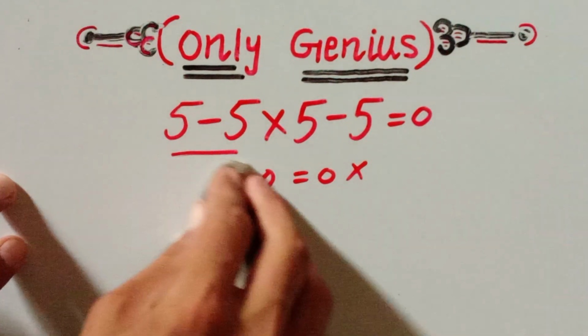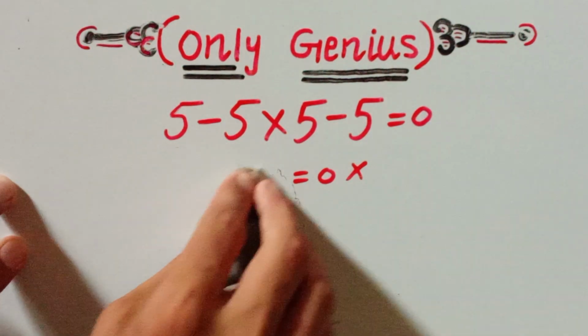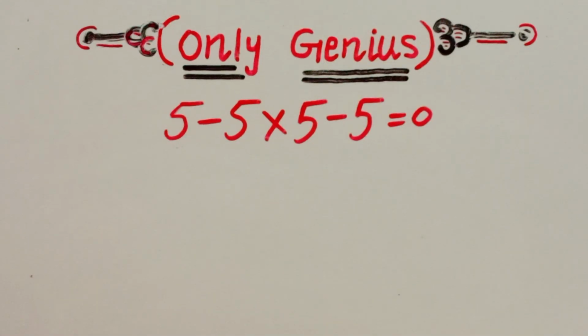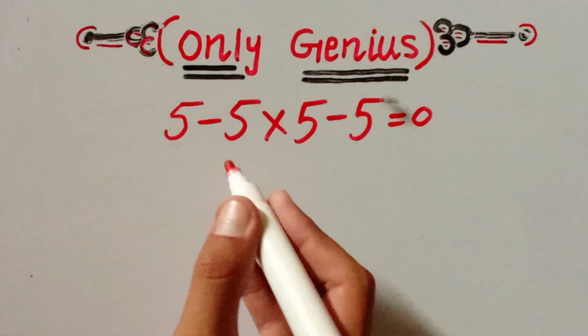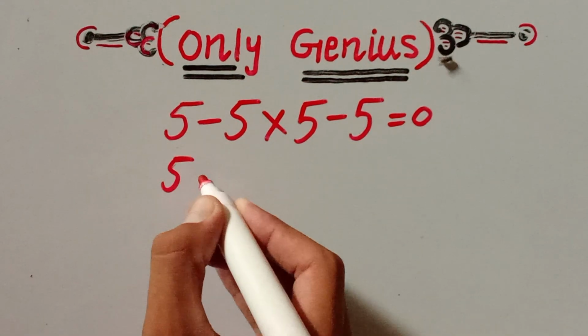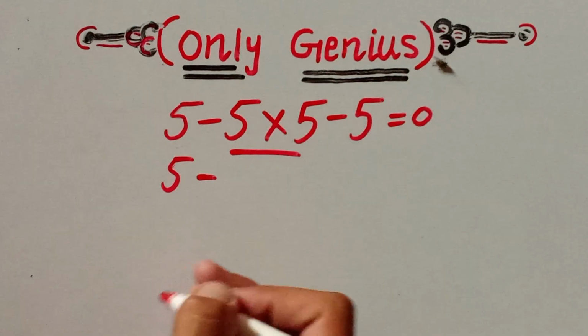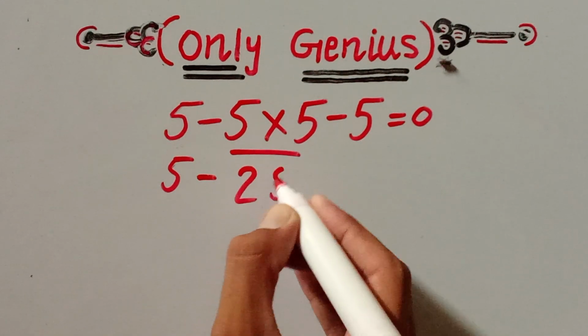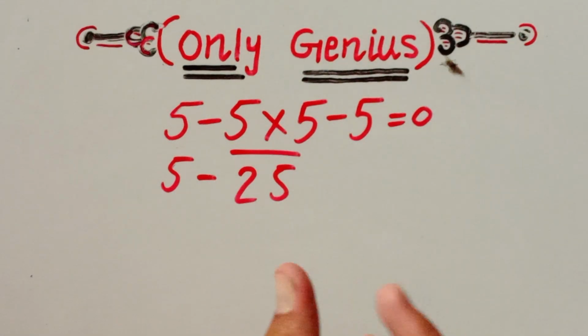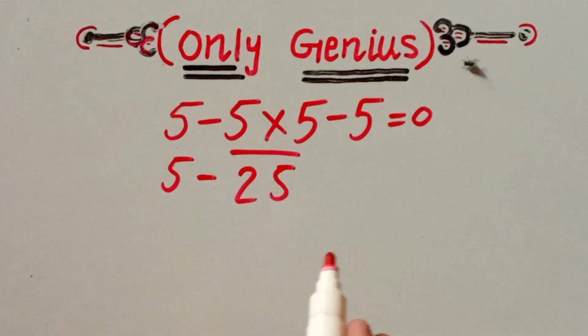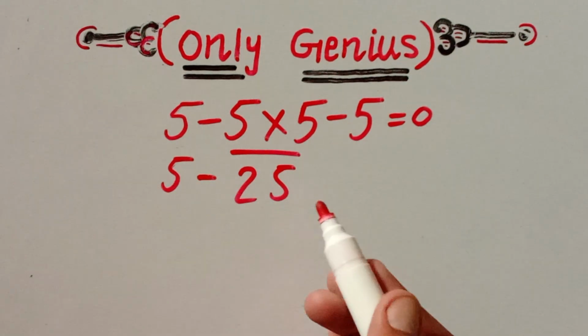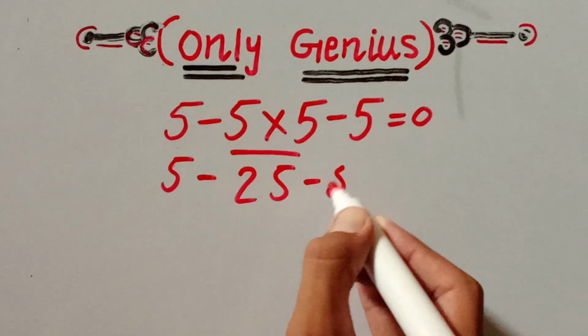Okay, so I can solve this by the correct method. I write it as 5 minus 5 times 5, which is equal to 25, because multiplication has higher precedence than subtraction. So firstly we solve the multiplication, then minus 5.